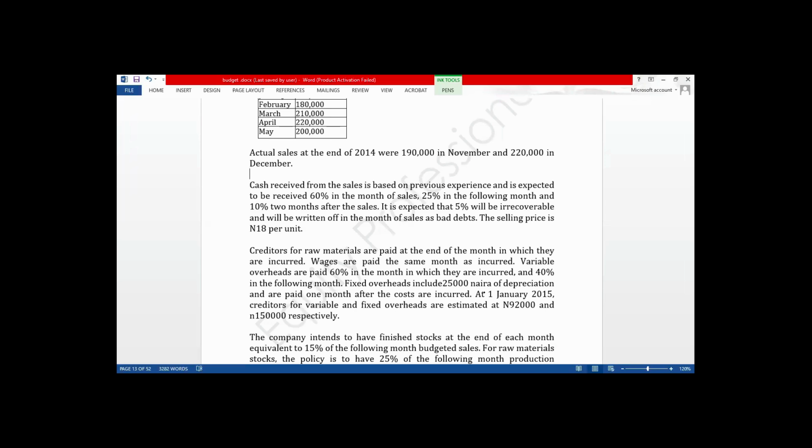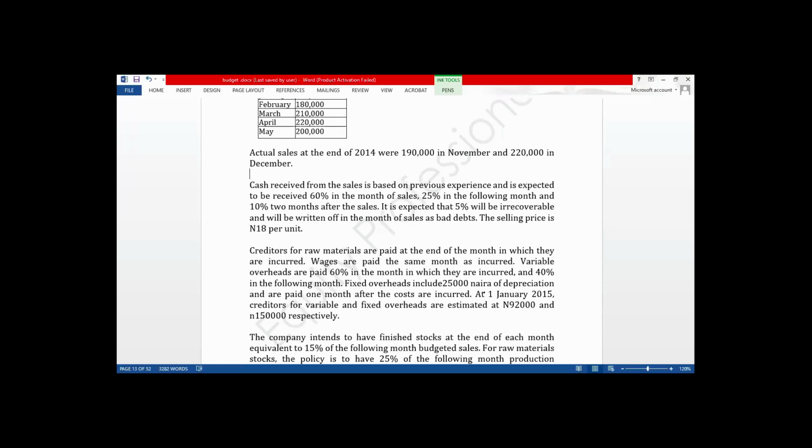We now need to treat this in our cash budgets. Overhead cost is 200,000, but it includes 25,000 of depreciation. Depreciation is a non-cash item.